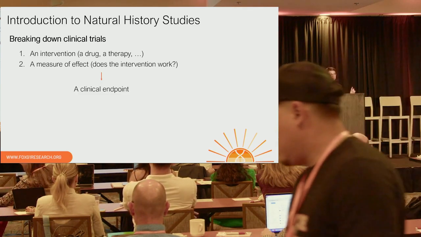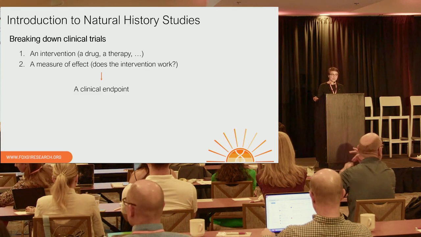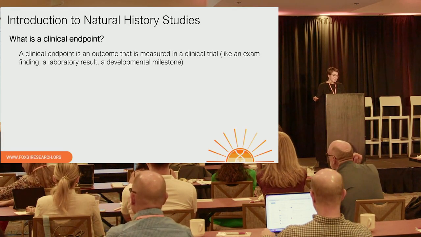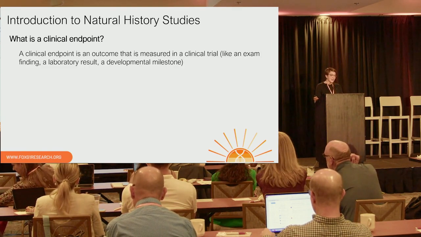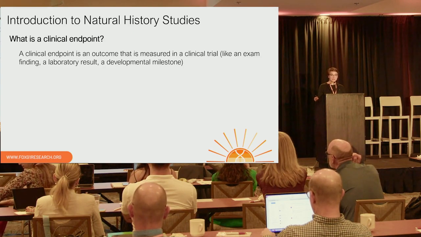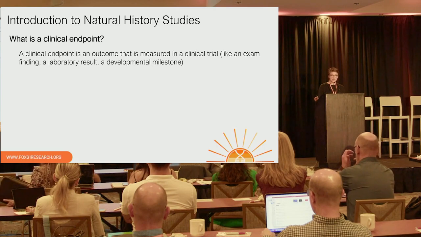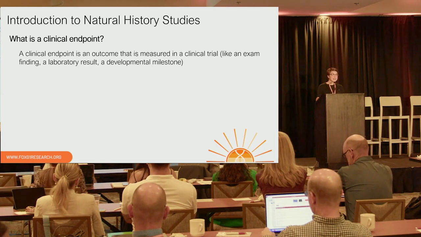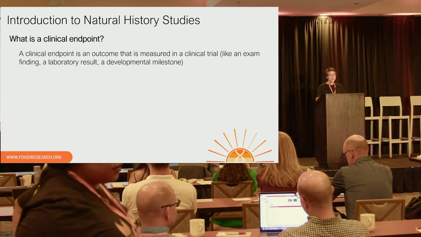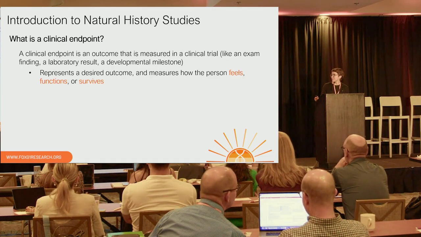And you might hear that measure of effect referred to a few times today as an endpoint or a clinical endpoint. So a clinical endpoint is an outcome that can be measured. It might be something like a finding on a physical exam, a laboratory result, a developmental milestone. If you look at any of the gene therapies or ASO therapy trials that have been done in other disorders, these will look familiar to you.